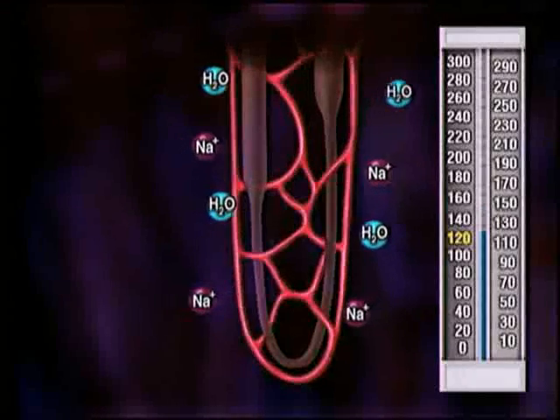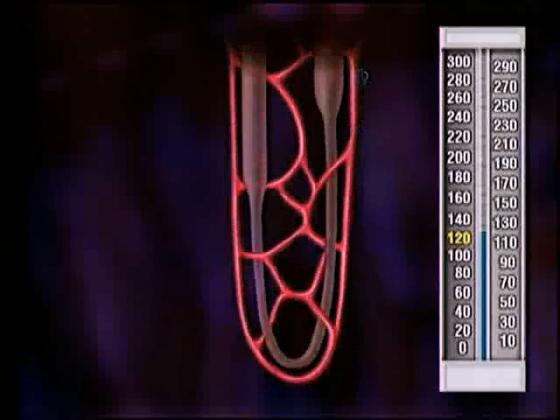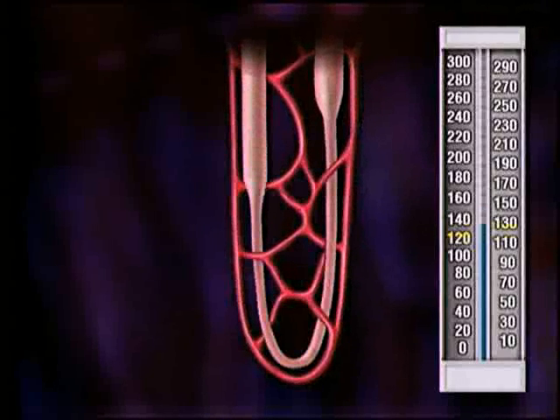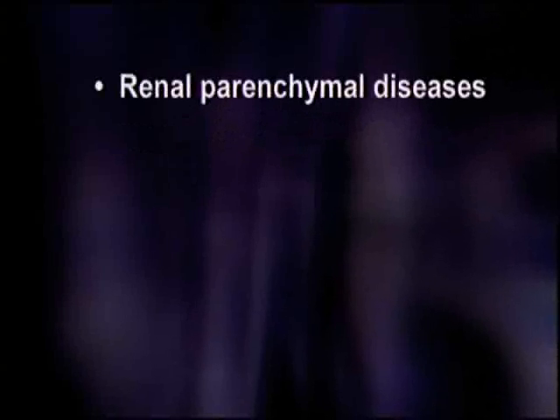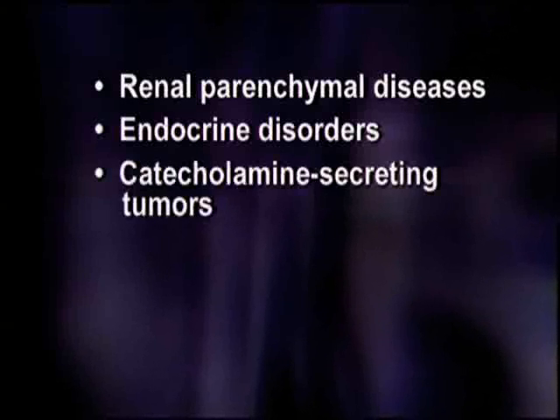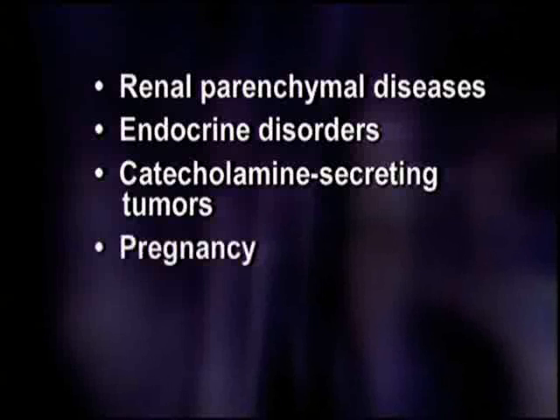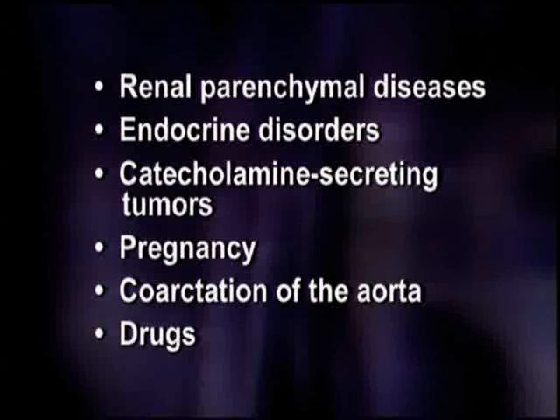Aldosterone causes sodium and water reabsorption, which increases blood volume. Together, they raise the blood pressure. Other causes of secondary hypertension include renal parenchymal diseases, endocrine disorders, catecholamine-secreting tumors, pregnancy, coarctation of the aorta, and drugs such as oral contraceptives or cyclosporin.